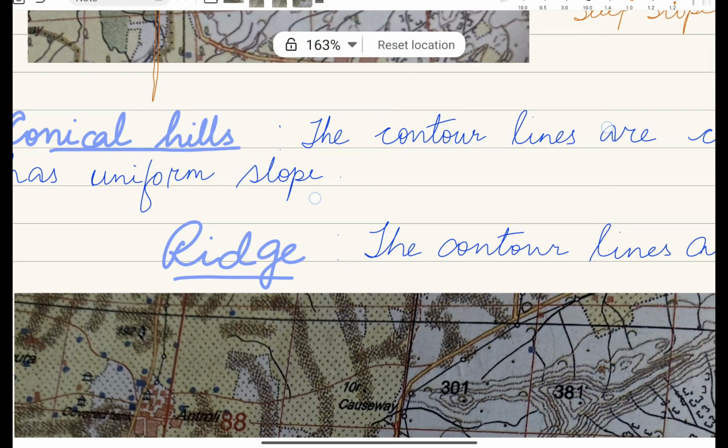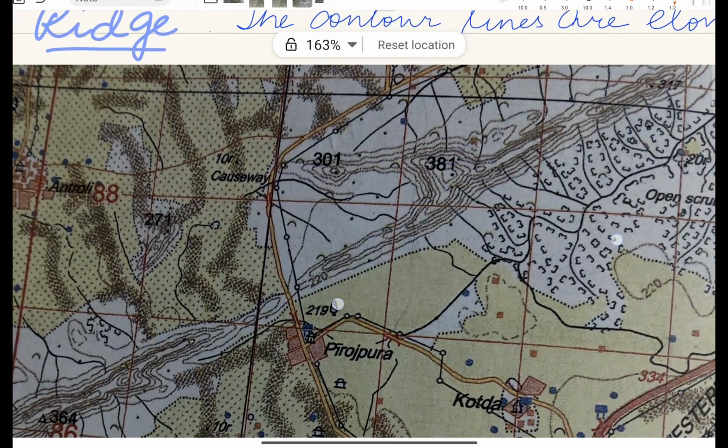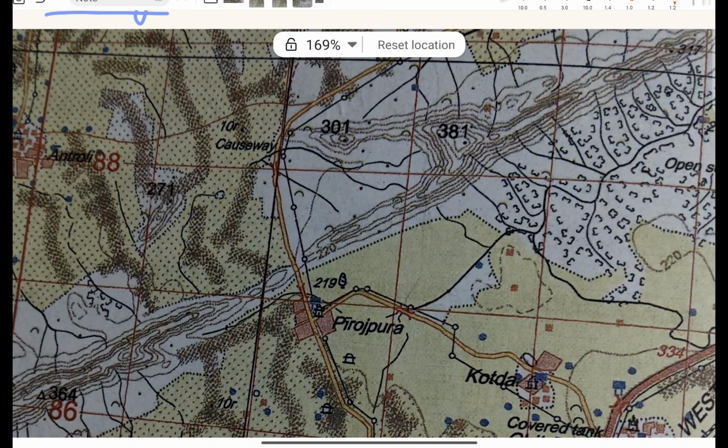Next you see a ridge. Can you see this entire figure? Here the contour lines are elongated in shape. They are not circular.